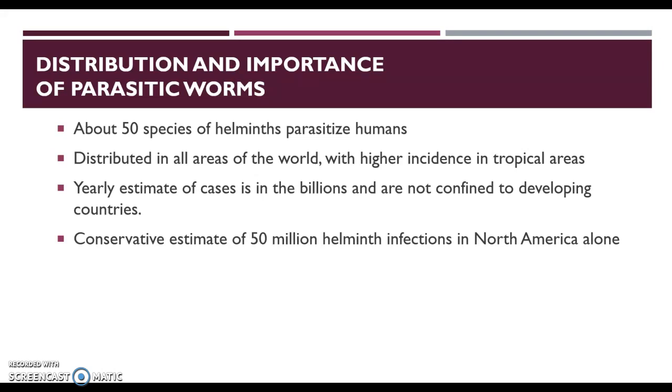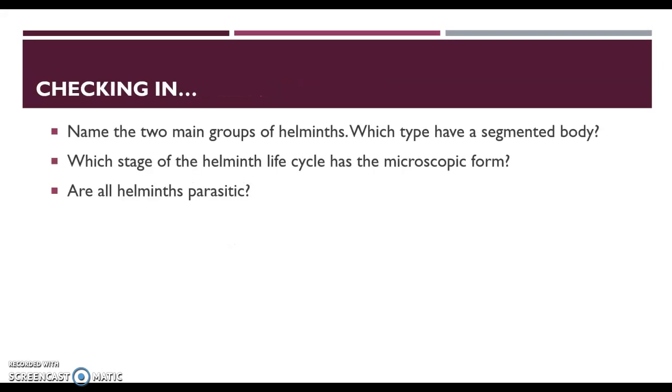Generally, they are more prevalent in areas of poverty or where there is lack of good sanitation. Yearly estimates of cases are in the billions, and there are about 50 million helminth infections just in North America. So it's not limited to developing countries, but certainly more developed countries also experience these types of infection.